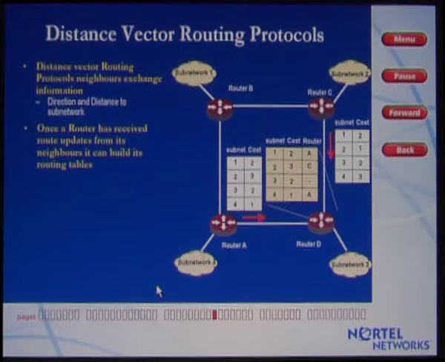In this example, router D has selected router A as the best next hop route to subnet 4 because A reports a path of 1 hop, while router C is reporting 3 hops. In a similar fashion, D has made decisions about routes to subnet 1 and subnet 2. Because router D is directly connected to subnet 3, no other path is likely to be better.